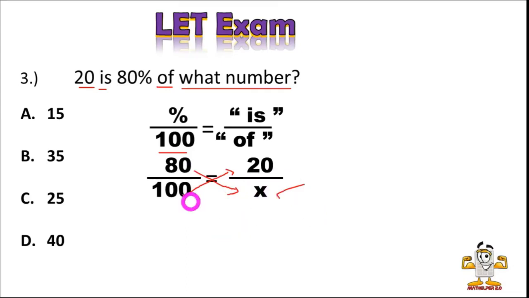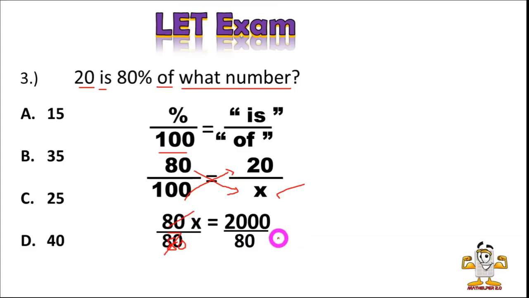So, 100 times 20 is 2,000. 80 times x is 80x. So, i-divide po natin ng 80. Sa kabila rin 80. So, cancel to. So, 2,000 divided by 80 is 25.